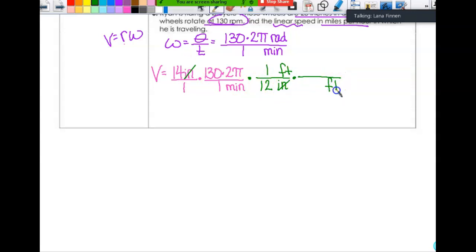Then feet down here, miles up here, 5,280 feet, 1 mile. Feet, feet. So I have my miles. I'm in minutes. I need it into hours, so minutes go up here, so they will cancel out. Hours down here, 60 minutes, 1 hour. So now I have my miles per hour, and I can start to reduce.